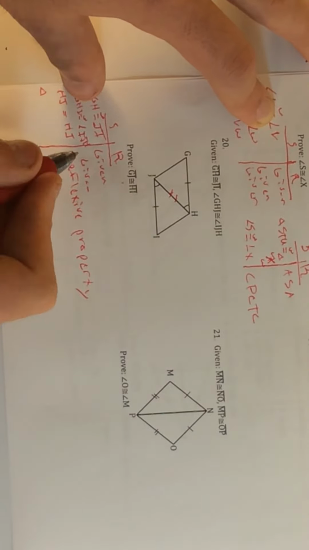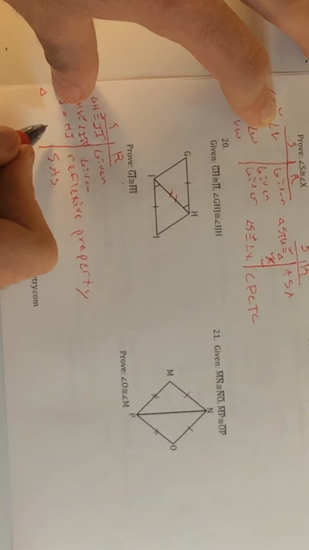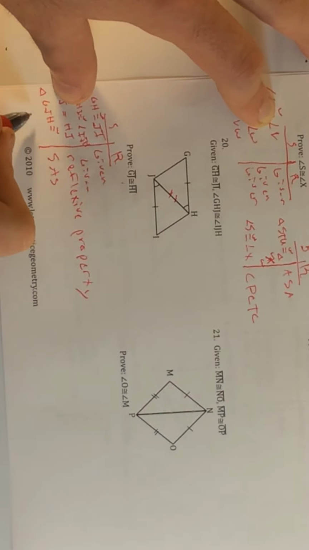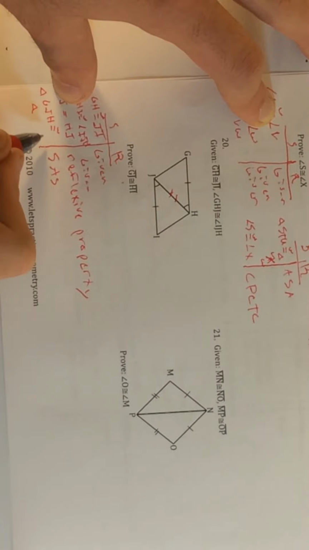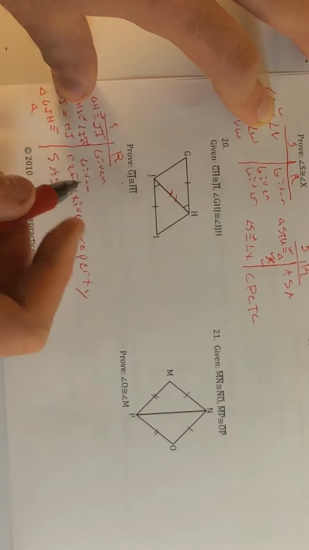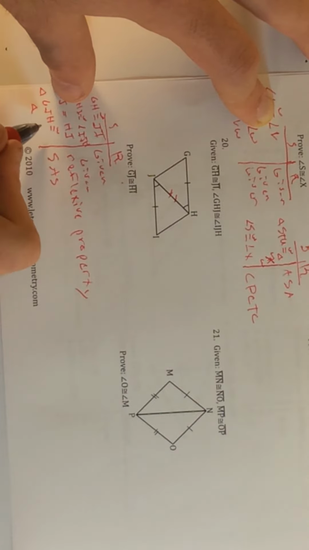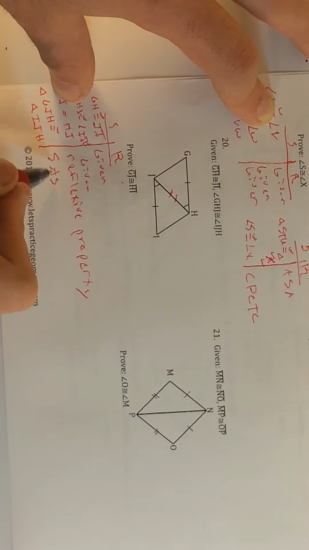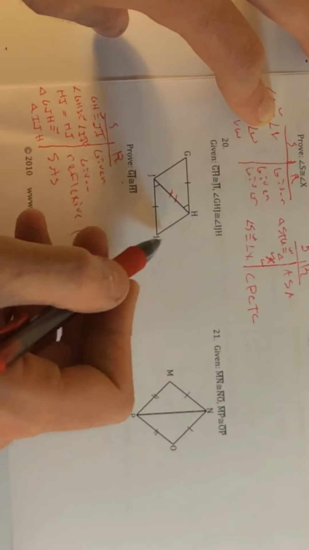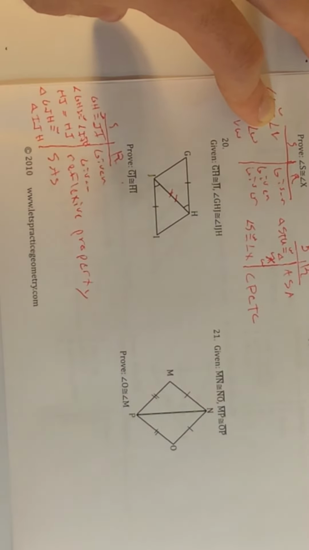Triangle GJH is congruent to triangle IJH. I'm putting the second line just because I ran out of space. This was by side, angle, side. So thus, if these 2 triangles we just proved are congruent, all of our corresponding parts must be congruent.